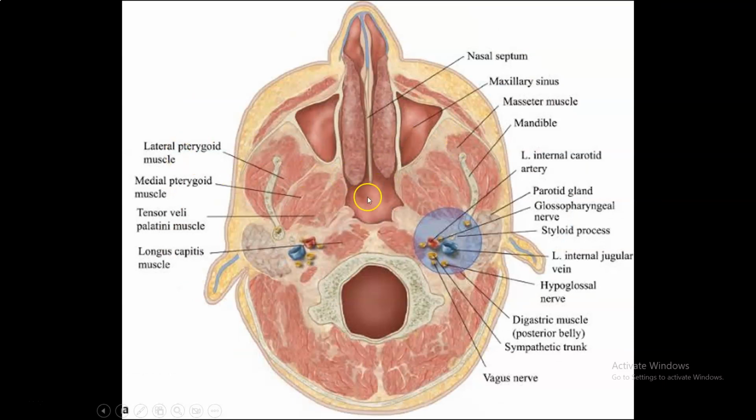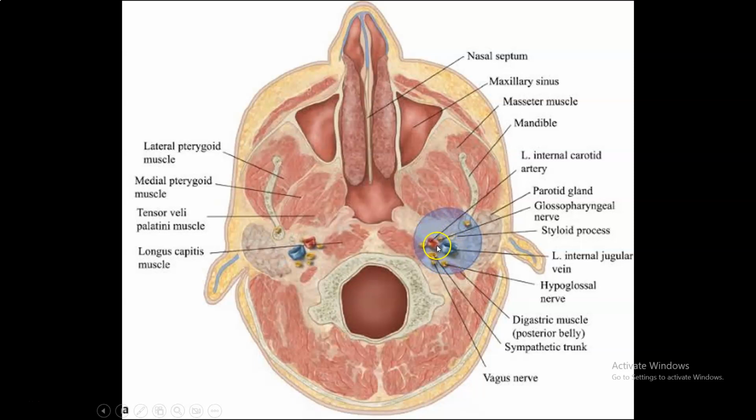Here, if you go through an axial view, the infratemporal fossa is here, medial and posterior to the infratemporal fossa. The pterygopalatine fossa is medial, here is posteromedial, and as we said, the contents of the parapharyngeal fossa are the contents of the carotid sheath.